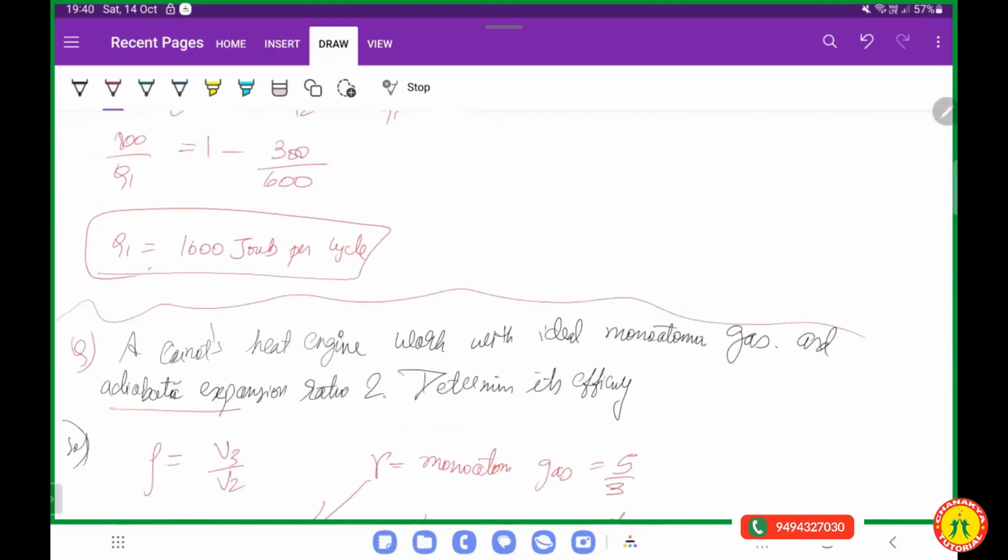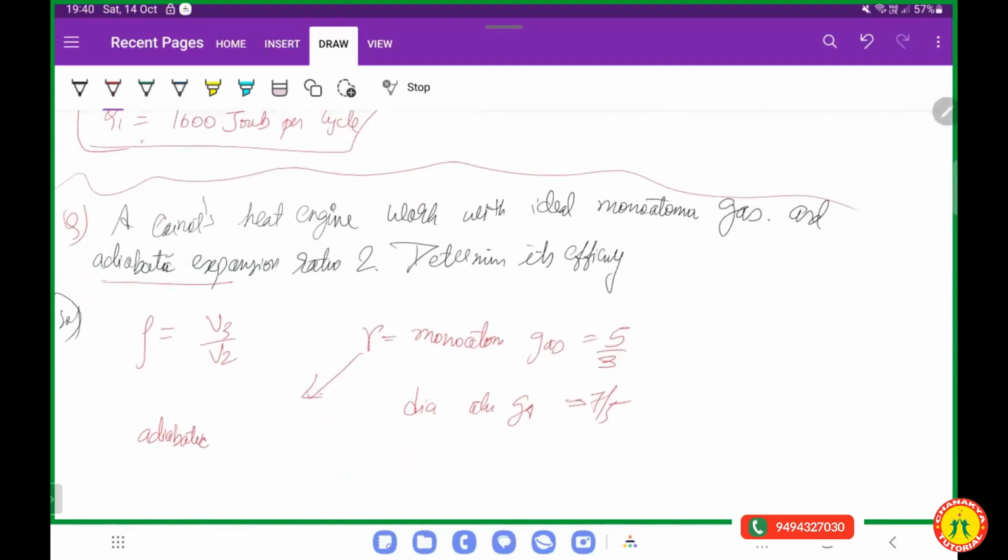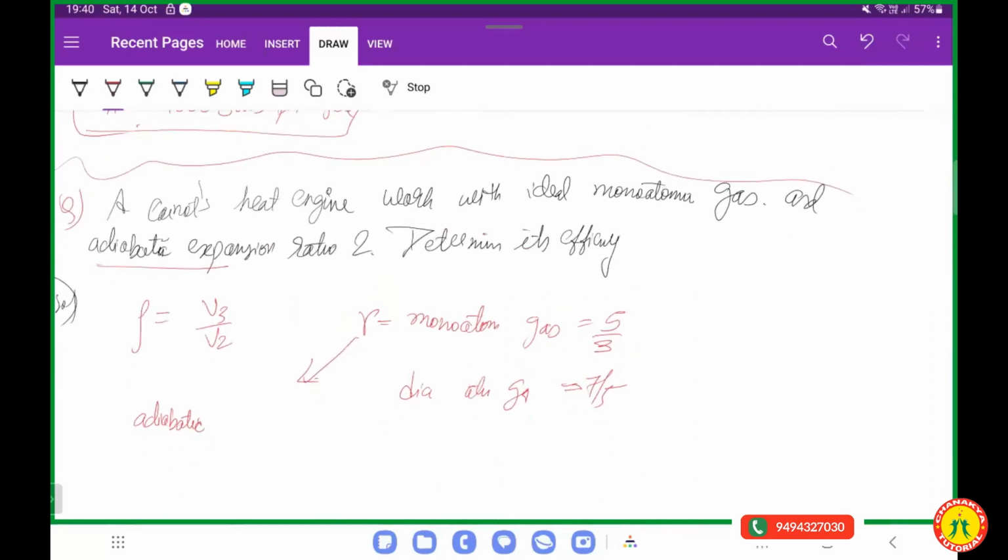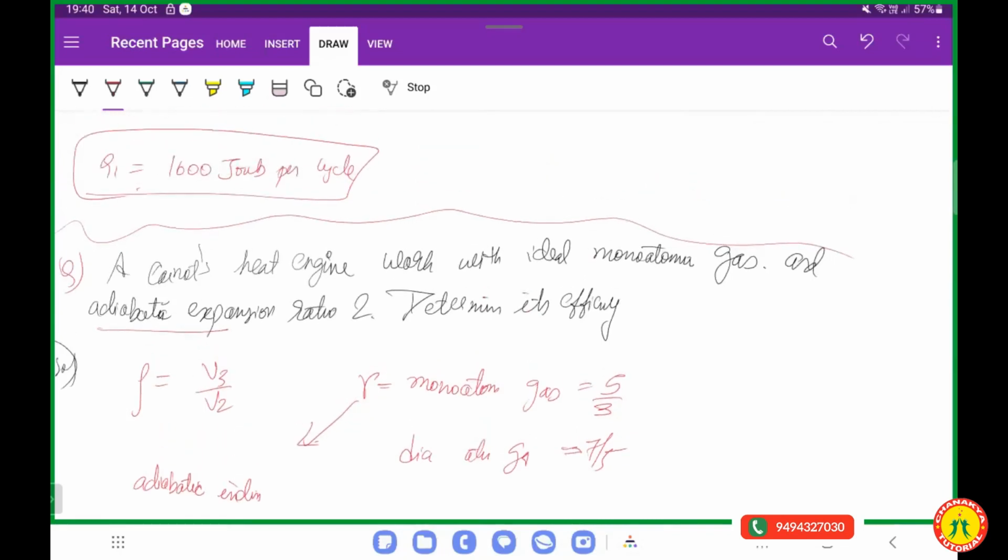I think I haven't discussed this one, so let me write this. Adiabatic index. Monoatomic means like helium, neon. These two are monoatomic type. And diatomic means oxygen, nitrogen.